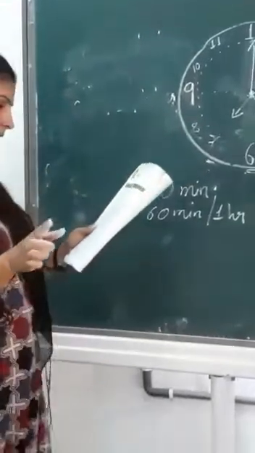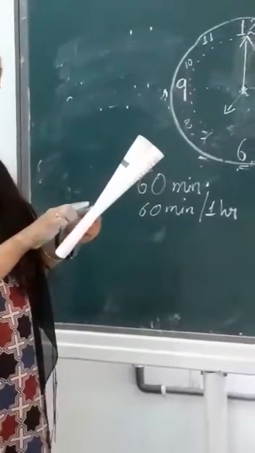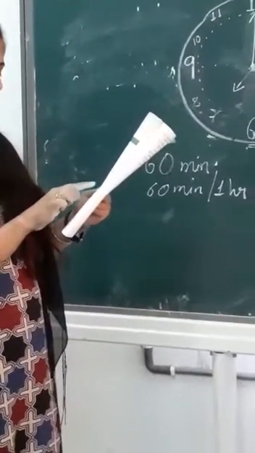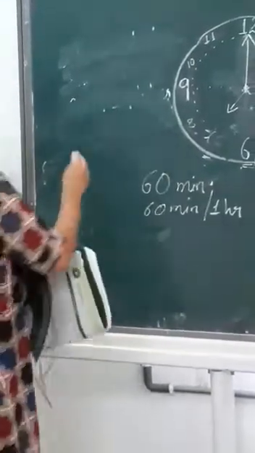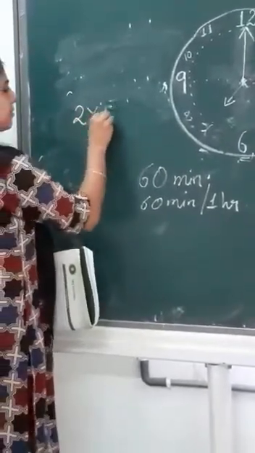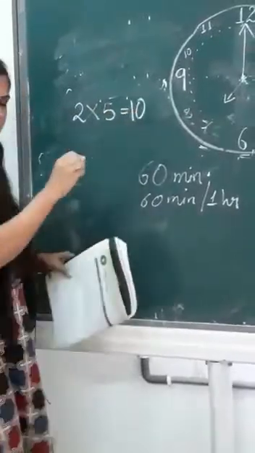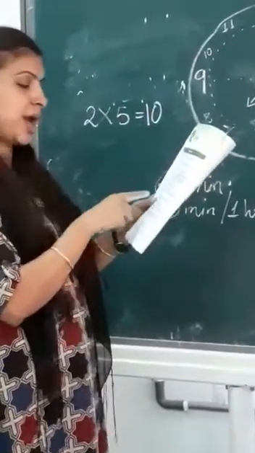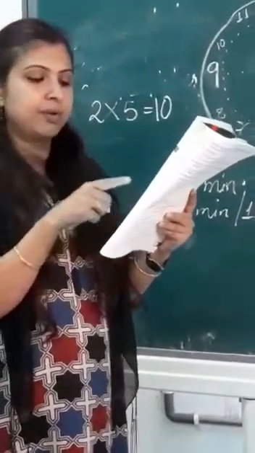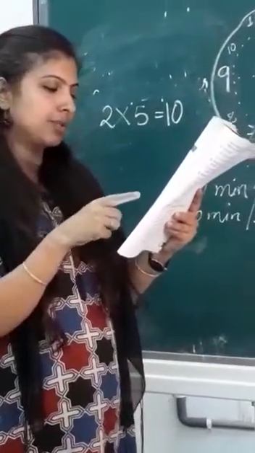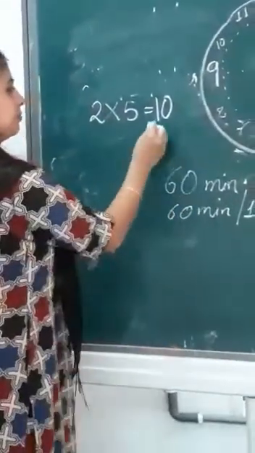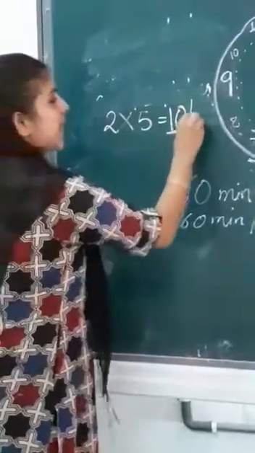Here they are saying Binoy practices piano for 2 hours every day, 5 times a week. So 2 into 5 equals 10. Binoy practices piano for 2 hours every day, 5 times a week. How many hours does he practice in a week? So he is practicing 10 hours.